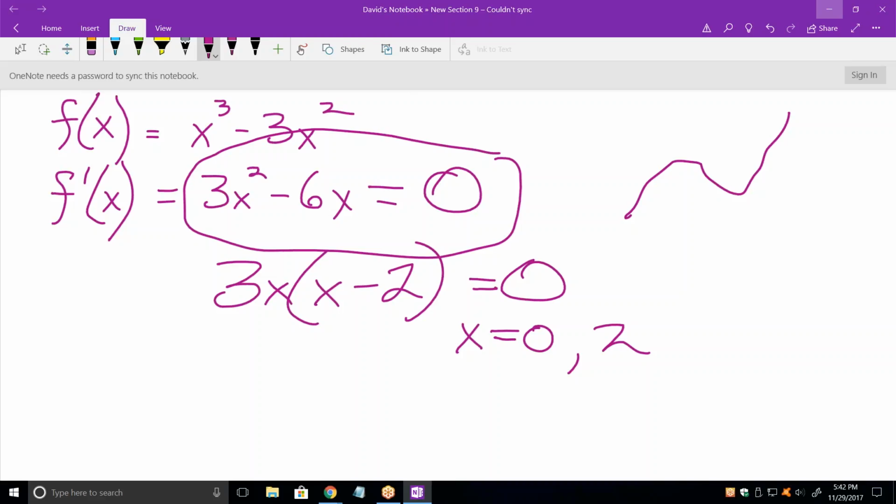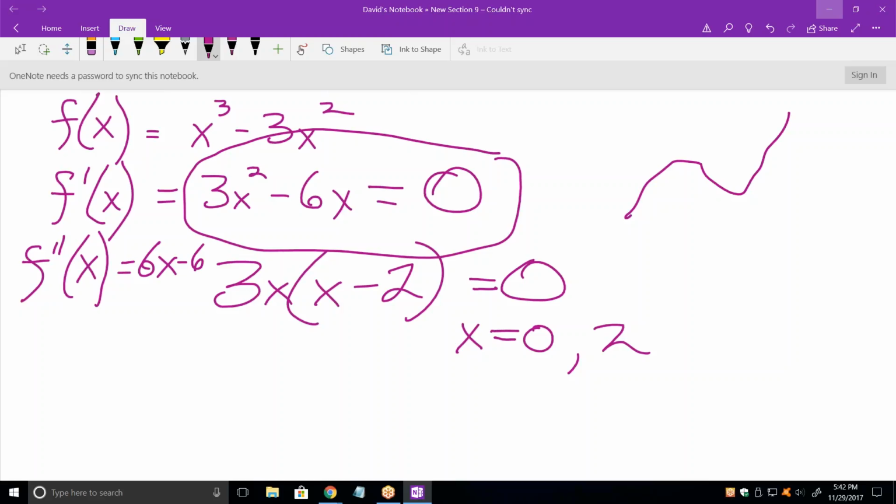So what do I know I'm going to have to do at some point? Take the second derivative, right? What's the second derivative? 6x minus 6. Okay. Now, we're also interested in concavity, right?